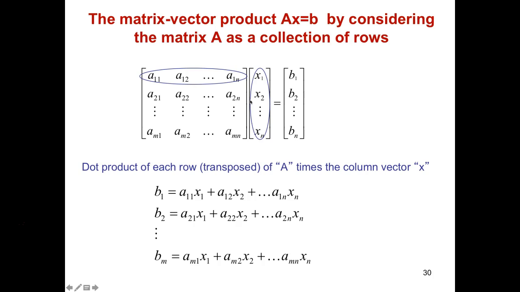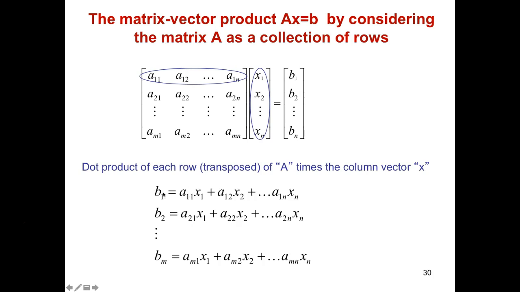So this is my result, and this is b1. And then I continue the same way. Now if I take a look at these sums here, I can see x1 repeated, and here I can see x2 repeated and xn repeated.